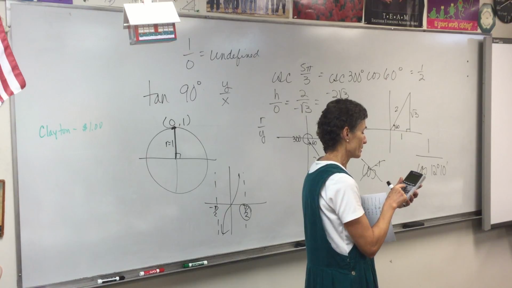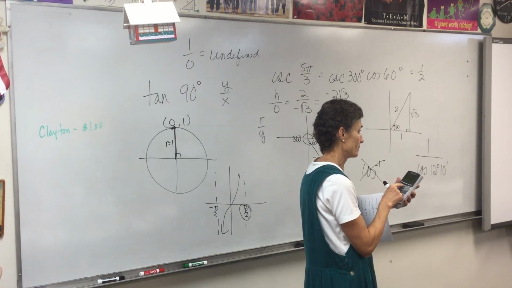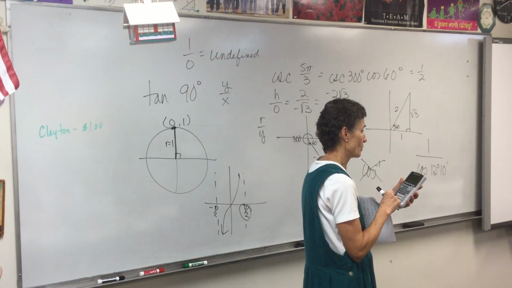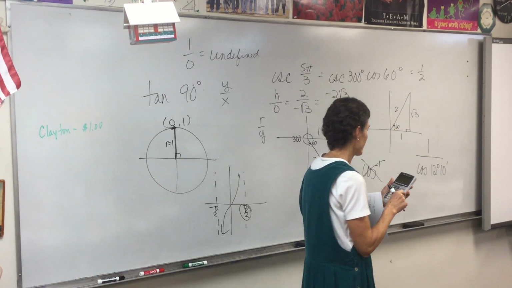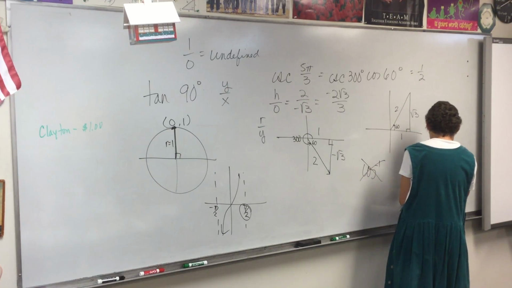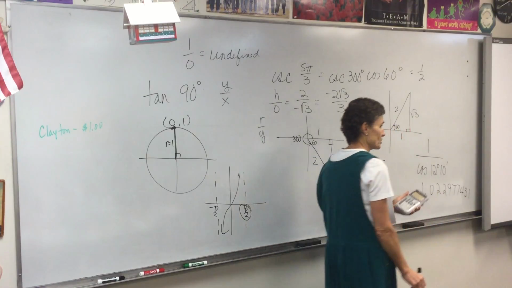No, it's not. So we need to make sure we're in degree mode. Then I want you to go back and type this in again. And I want you to come up with 1.022977431. That's what I need you to come up with.